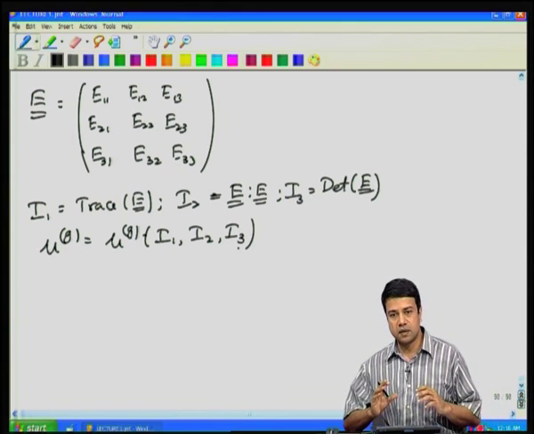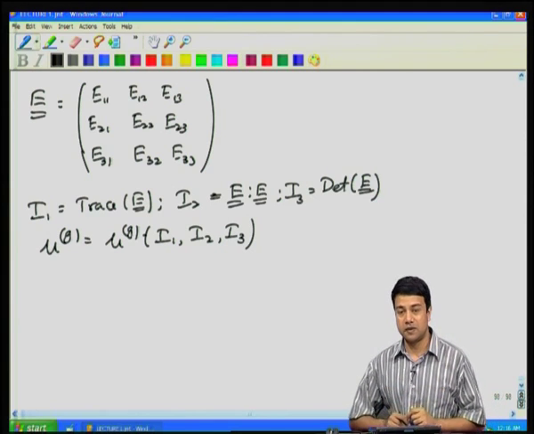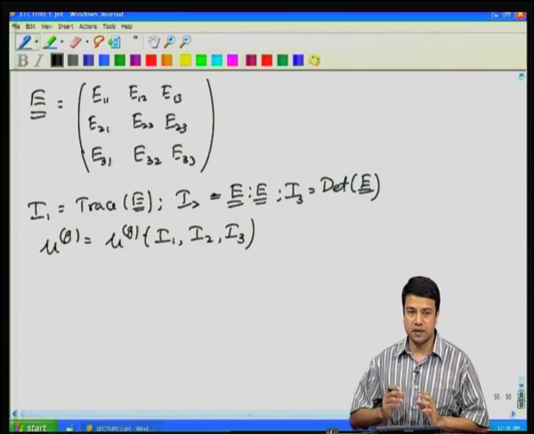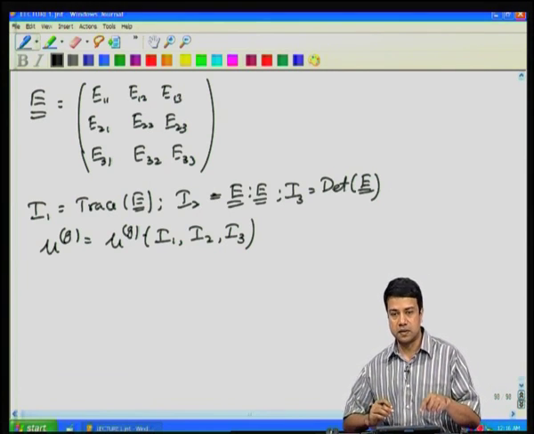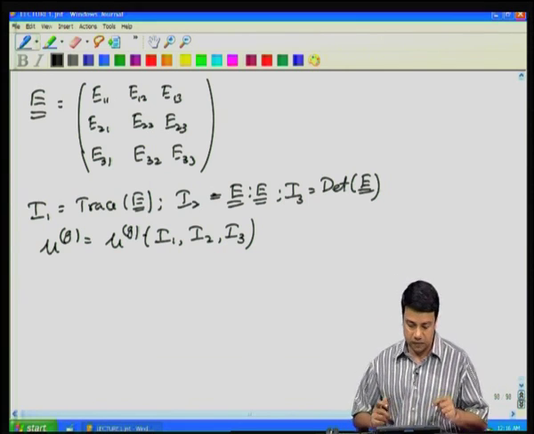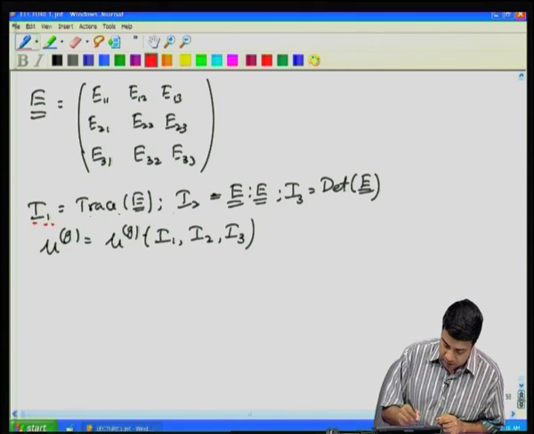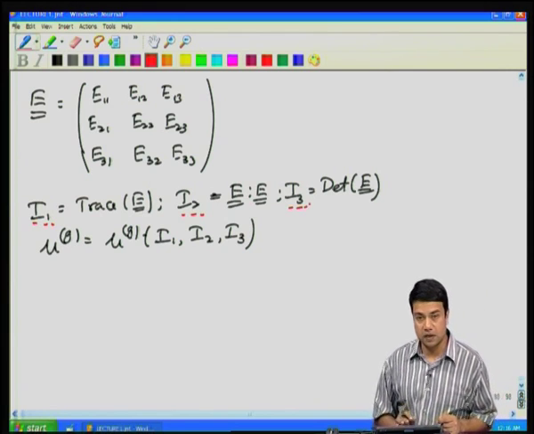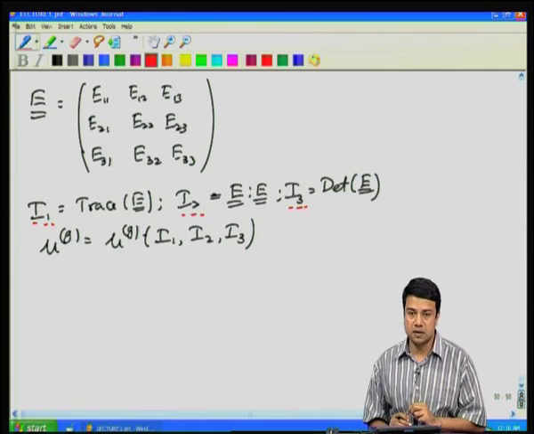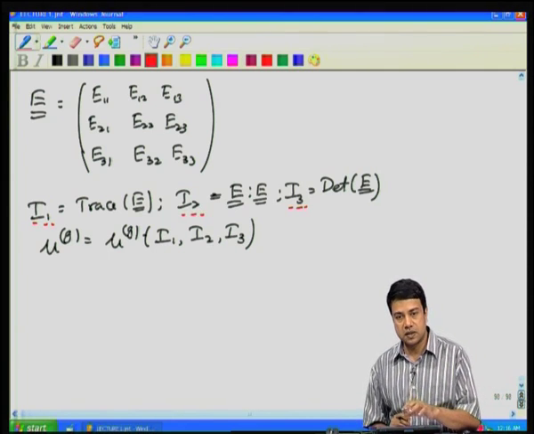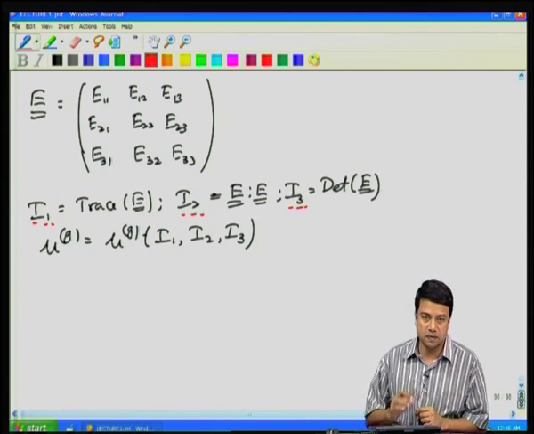It cannot in general depend upon, let us say, the 1-2 component of this rate of deformation tensor, because if I rotate coordinate systems, the value of that particular component is going to change. However, the values of these invariant scalar measures of this tensor do not change when I change coordinate systems. Therefore, in general, the viscosity has to be written in terms of these 3.